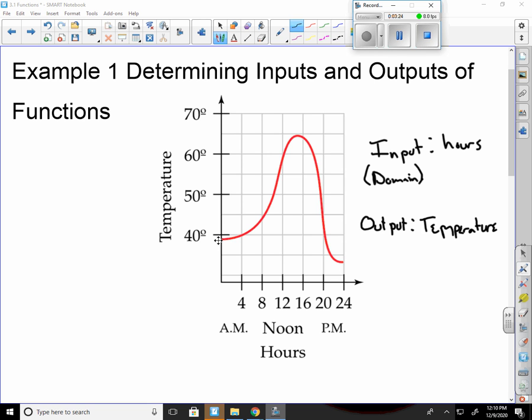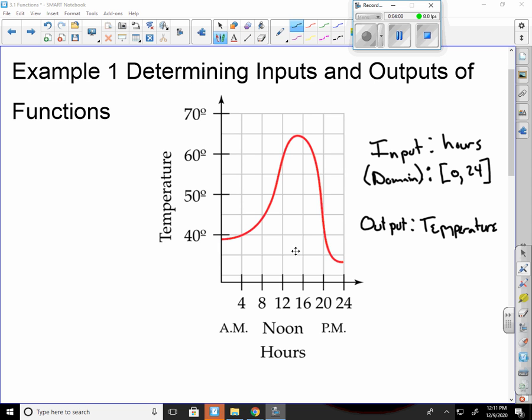So if we start in the morning, as time goes on, starts at 0, and our temperature increases and then decreases into the evening. And by midnight, it's pretty chilly outside again. All right? That's kind of the way the world works. If I was looking for my actual domain, it would be from 0 to 24, inclusive. And if I was looking for my range, well, here I got to kind of estimate.